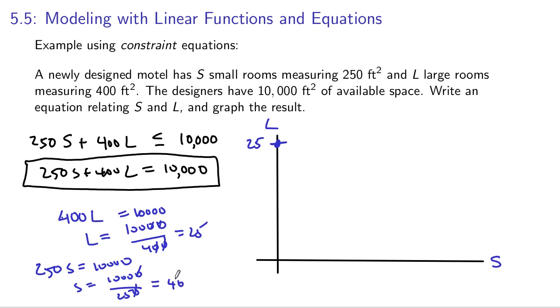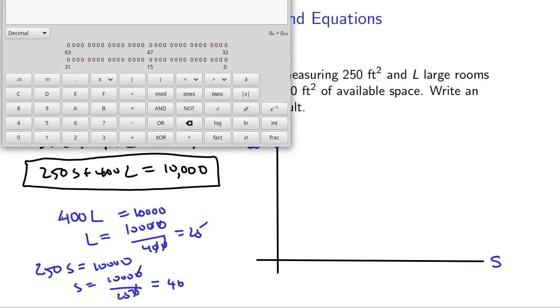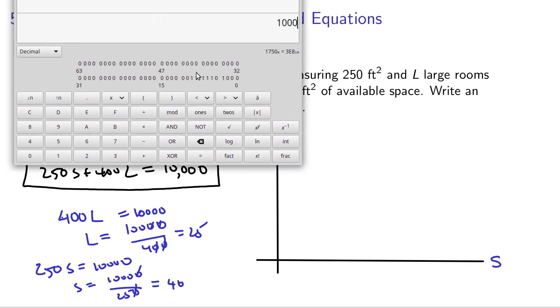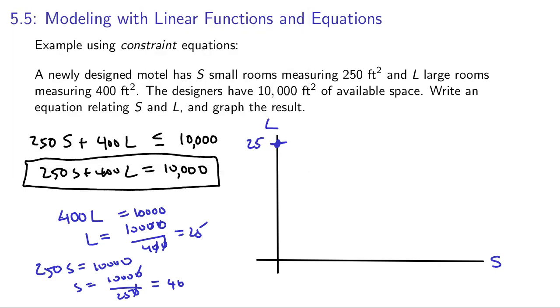So we can verify this with a calculator just to be sure. 10,000 divided by 250 is 40, yes, because 40 times 250 is 10,000. So 40 small rooms with no large rooms. And we know this is a linear equation. There'll be a line joining these 2 points.